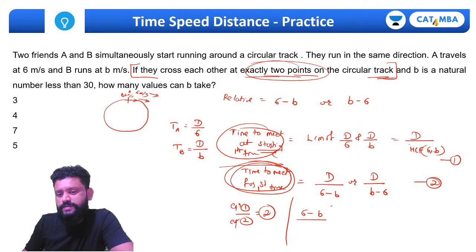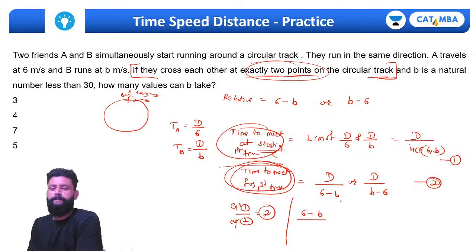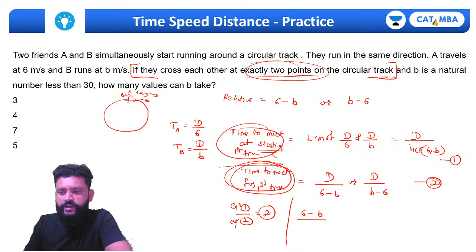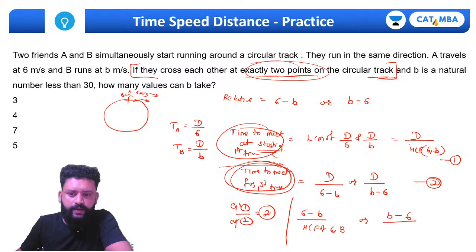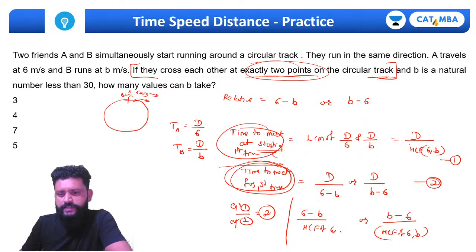So 6 minus b will come on top and the denominator will have HCF of 6 and b, or it may happen that b minus 6 comes on top and HCF of 6 and b. So we want the HCF of 6 and b.